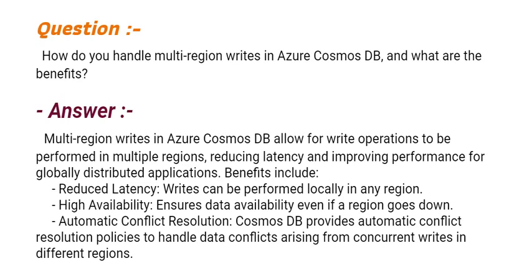Writes can be performed locally in any region. The second one is high availability. Ensures data availability even if a region goes down. The third one is automatic conflict resolution. Cosmos DB provides automatic conflict resolution policies to handle data conflicts arising from concurrent writes in different regions.